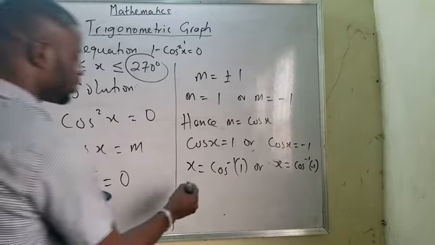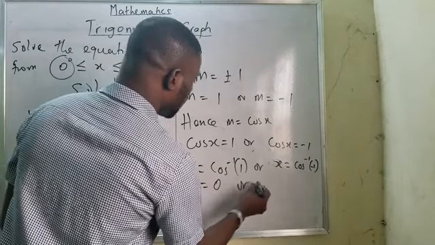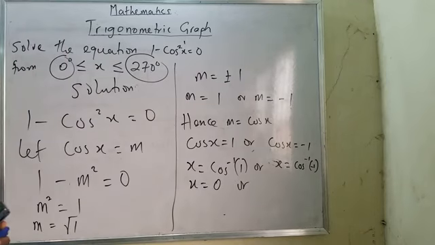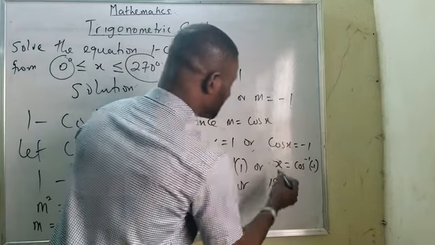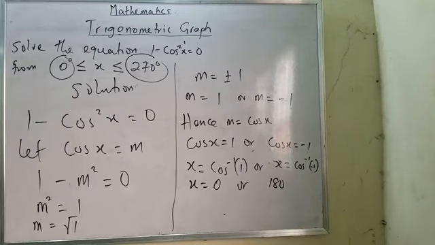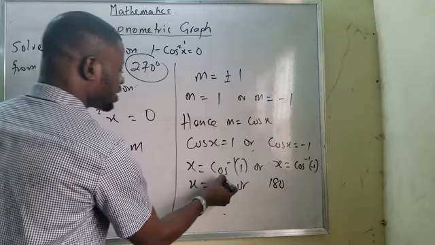This one will be 0. Or my x equals shift cos of minus 1, which is 180. That is the value of x. Can you see that this is in terms of degrees? Please, degree must be there.